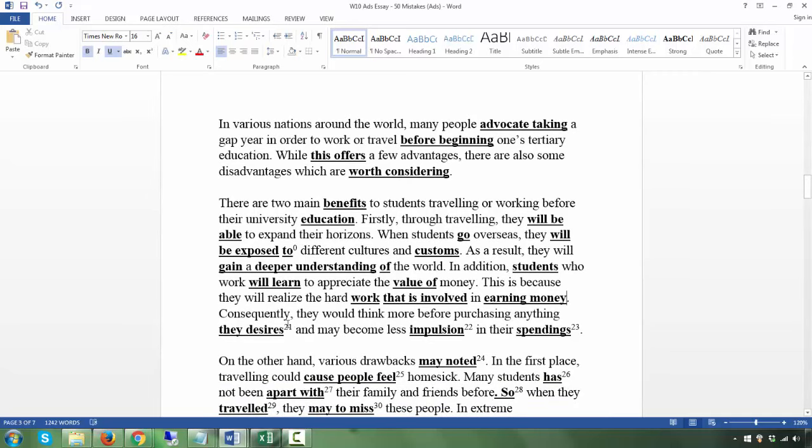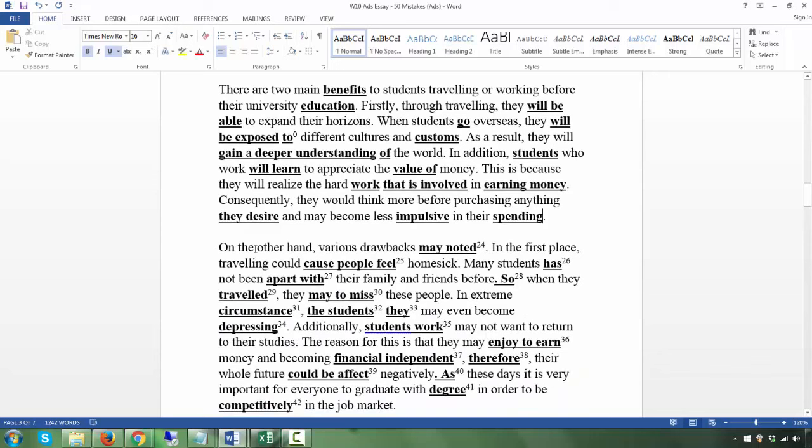Consequently, they would think more before purchasing anything they desire. Subject verb agreement, no s, unless it's a he, she, or it. And may become less. Word class mistake: impulsive. Impulsion is a noun. You become less, adjective. Impulsive is the adjective. In their spelling again, this noun is not countable, so you can't put spellings.